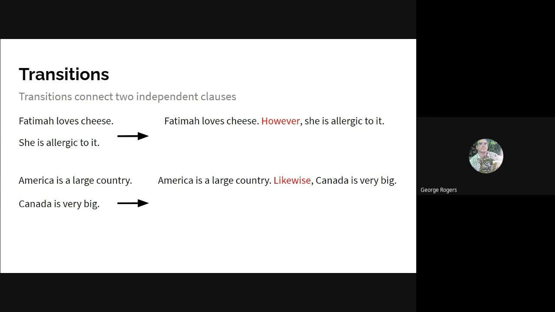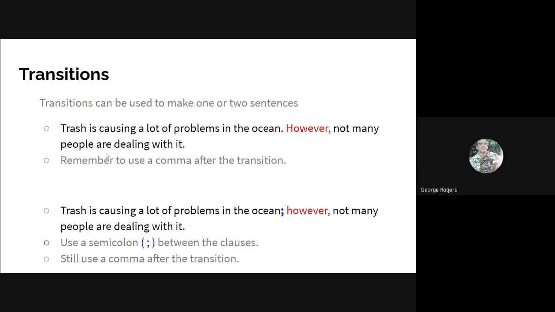Subordinators are always only one sentence. So the transition, again, here: however, or likewise. So if it's two sentences, it's a transition, but if it's one sentence, it could also be a transition. But subordinators are always one sentence, so that's something that can help you think about this.